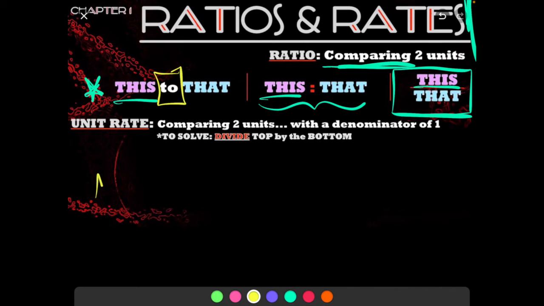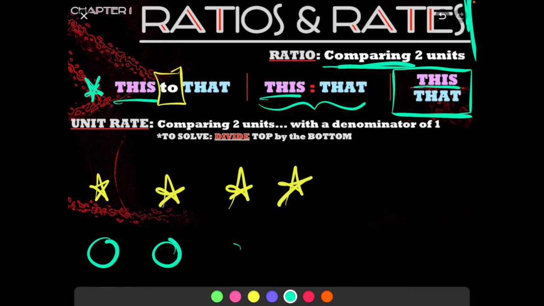So either way, let's say I have 1, 2, 3, 4 of those stars, and 1, 2, 3, 4, 5, 6 of those circles. Now if they ask you different questions about these, you really just got to make sure that you're following what they are looking for, because your numbers have to align with what the question is asking.